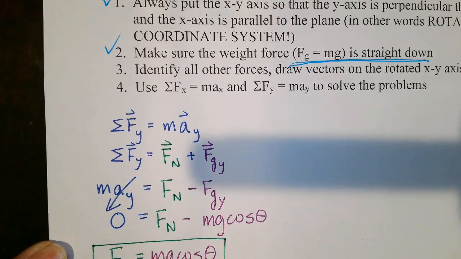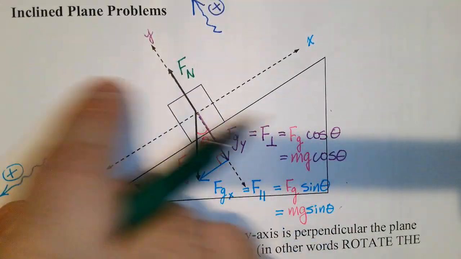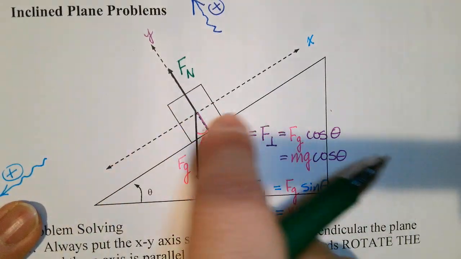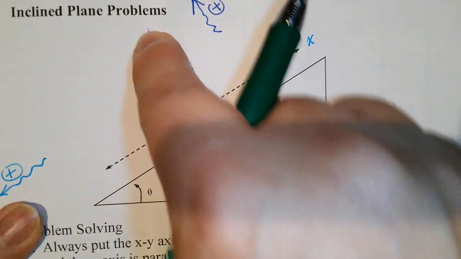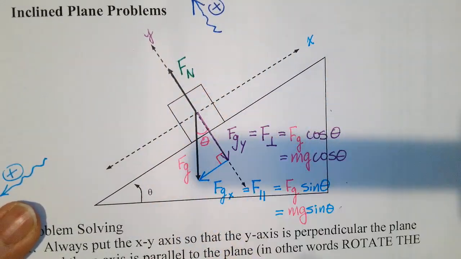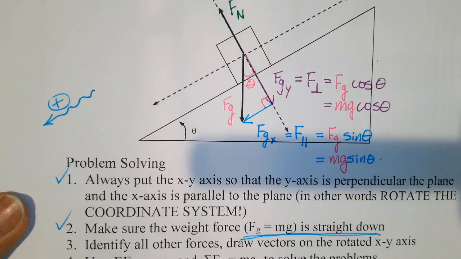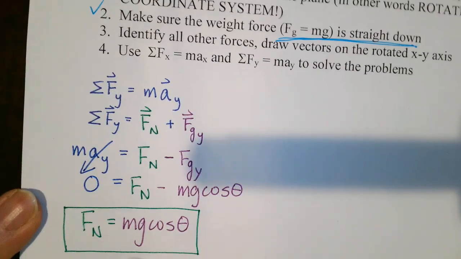It's not always this case. Because if there are other forces acting on it vertically, or even like this way, you're going to have other forces that are perpendicular that have to be either added or subtracted to this FGY. So in this particular case, this is true.